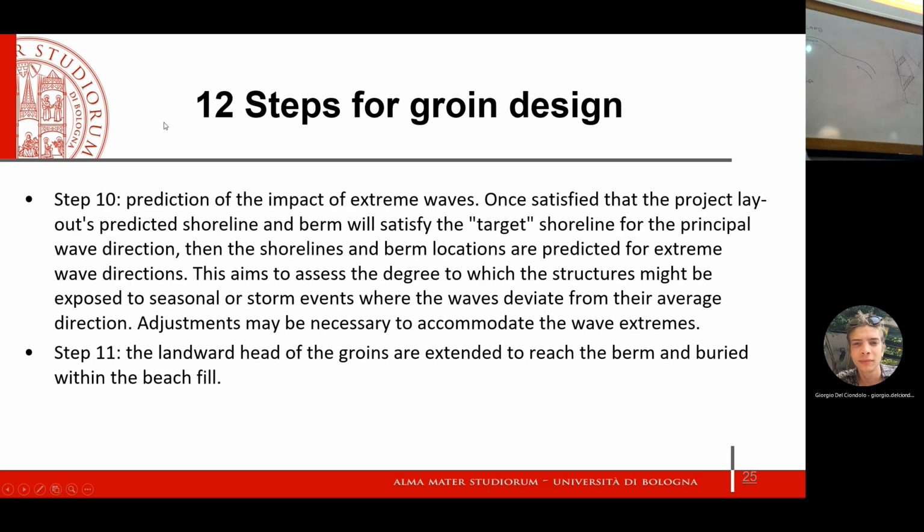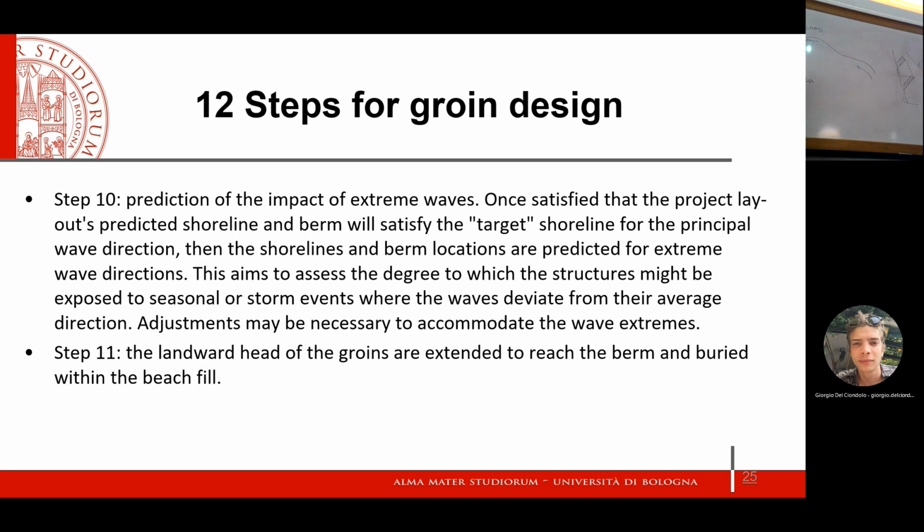Okay, step 10. Now we have to think of extreme waves, and extreme waves that may also come from the across-shore direction.